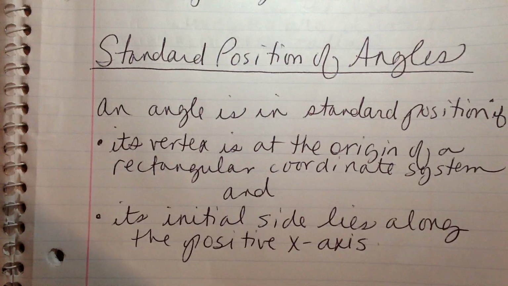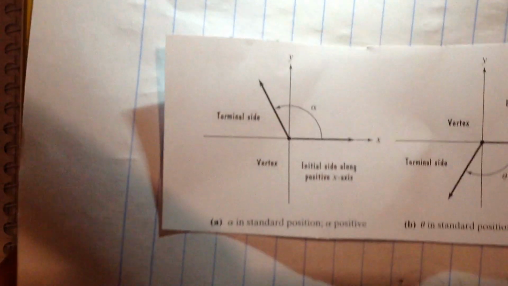So let's read those again. An angle is in standard position if its vertex is at the origin of a rectangular coordinate system and its initial side lies along the positive x-axis. So again, let's look at some drawings here that I have for us.